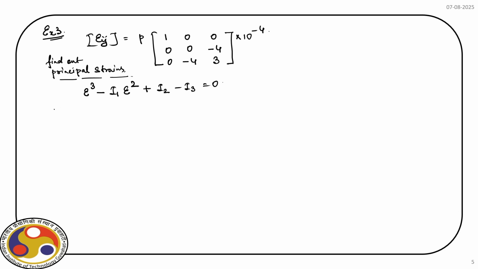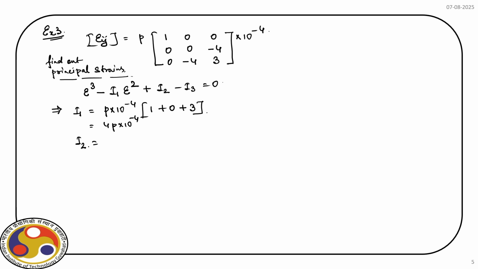So, we can evaluate the 3 strain invariants. I1 is equal to the sum of the leading diagonals, so P into 10 to the power minus 4 times 1 plus 0 plus 3, right. So, we have 4 P into 10 to the power minus 4.